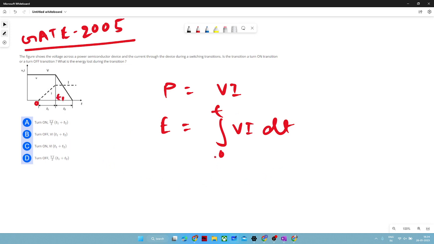And we will integrate for this period and we will again integrate for the t2 period. For the t1 period, which transition is happening? Here voltage has some magnitude, but current is rising. So the switch is getting turned on, right?